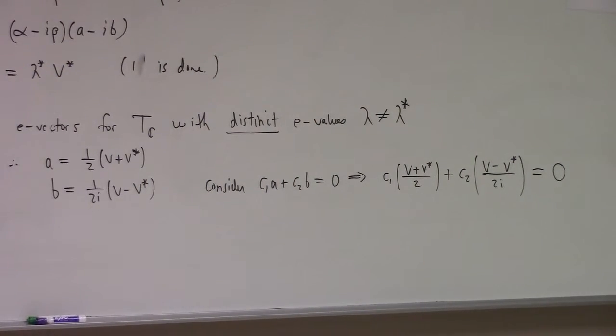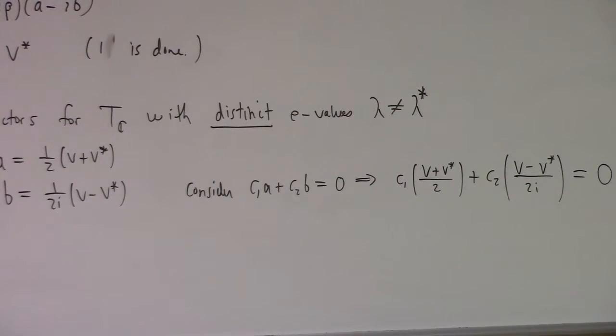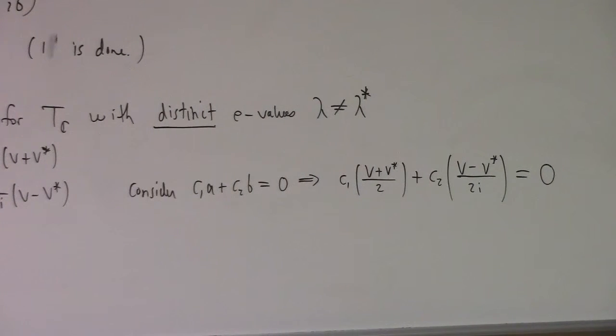And if you just do a few more steps, you can easily prove it, okay? Because we know that v and v star are linearly independent, so we can equate the coefficients. You can pull off a coefficient of v star, pull off a coefficient of v. Just a few more steps here.